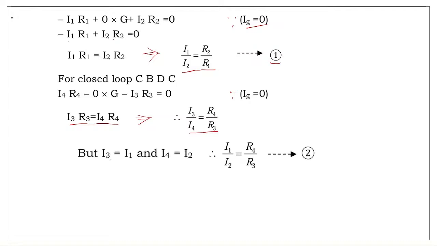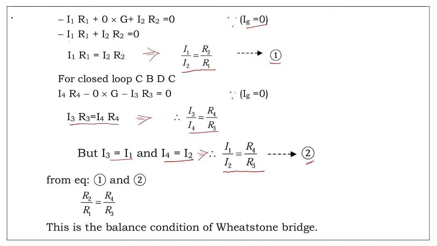But I3 is equal to I1 and I4 is equal to I2. Therefore, the above equation can be written as I1 by I2 is equal to R4 by R3. Mark as equation 2. From equations 1 and 2, we get R2 by R1 is equal to R4 by R3.